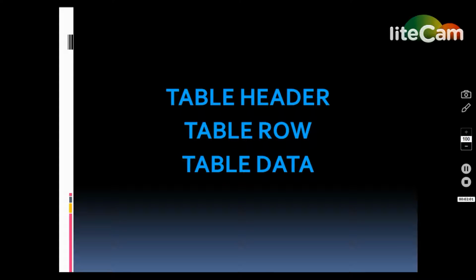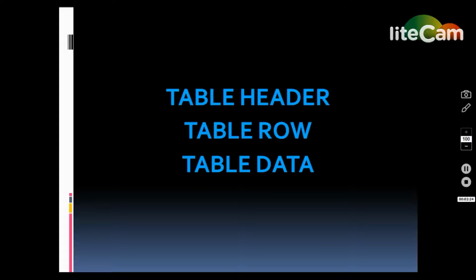Under the name there are lots of rows or records. In table row, in the example I gave, name, roll number and address have lots of records, and all the records are rows. So these are the table rows which we have to insert in the table.